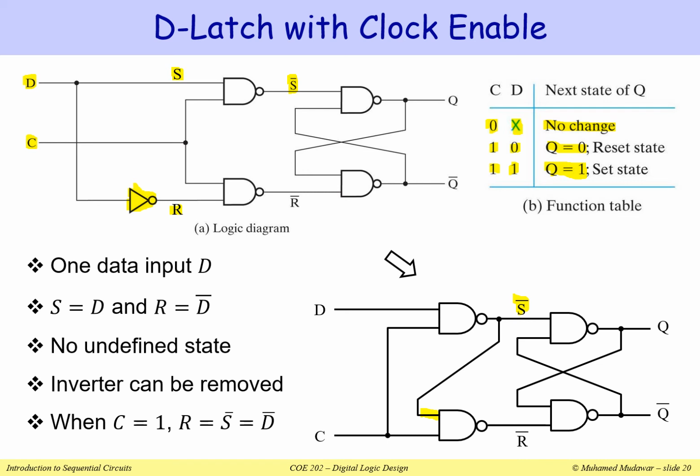By doing so, I can actually eliminate this inverter. So this will be a clever implementation of the D latch. It will have exactly the same function table, but I eliminated the need for the inverter.